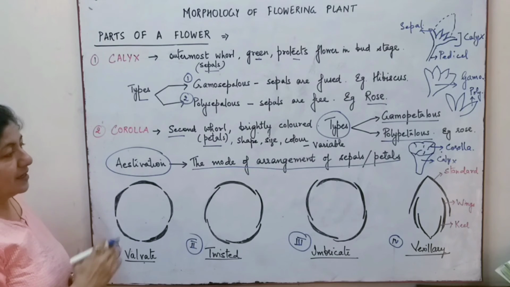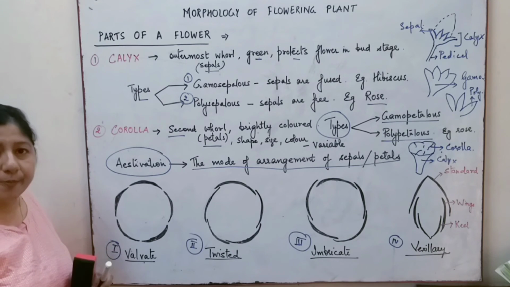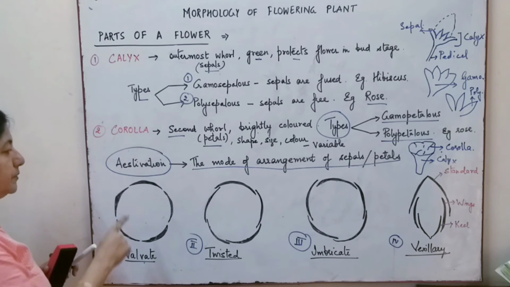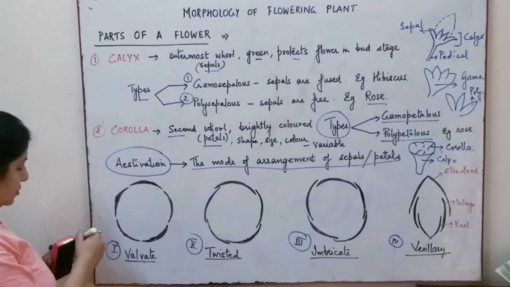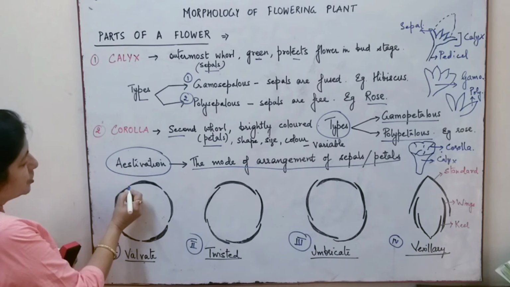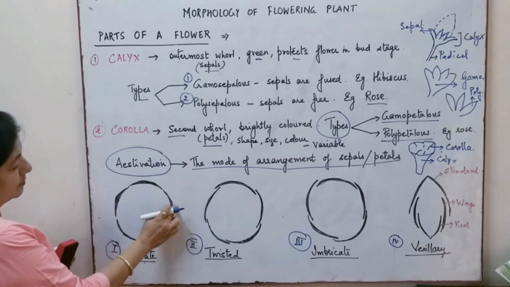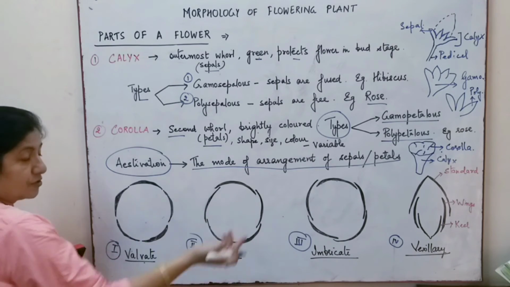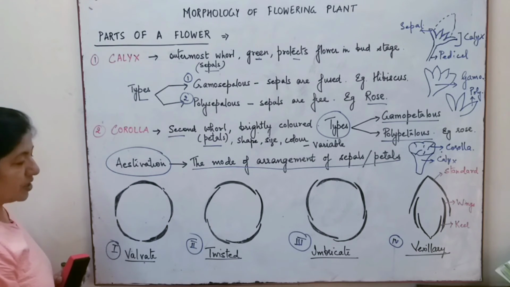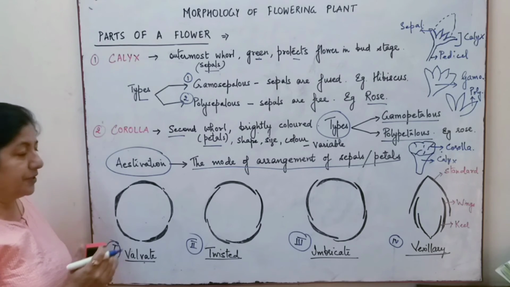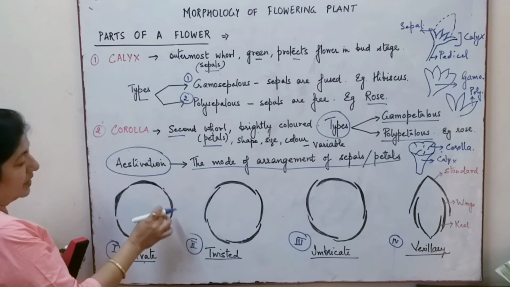Aestivation, as I said, is the arrangement of the sepals and petals, both, or sepals or petals, in a particular manner. Now, if the petals or sepals are arranged in such a way that they just touch at the margin. If you observe these petals we have drawn over here, petals or sepals, their margin is only touching each other. There is no other way of arrangement. That means neither one side is going inside or outside.